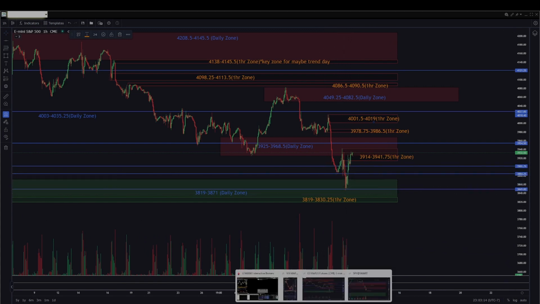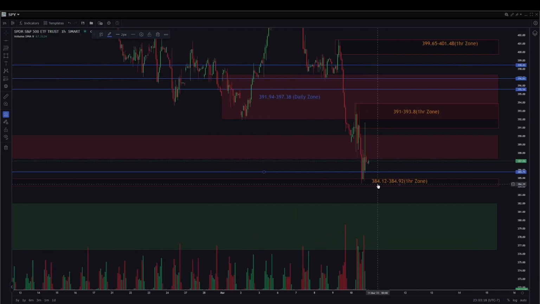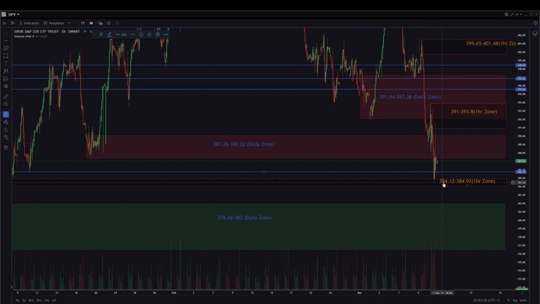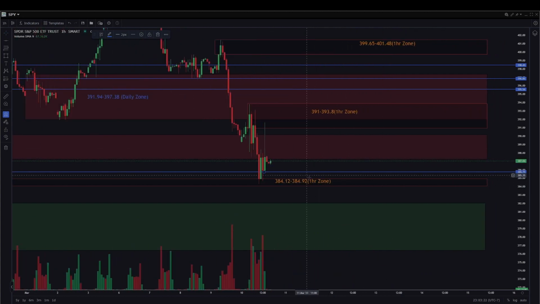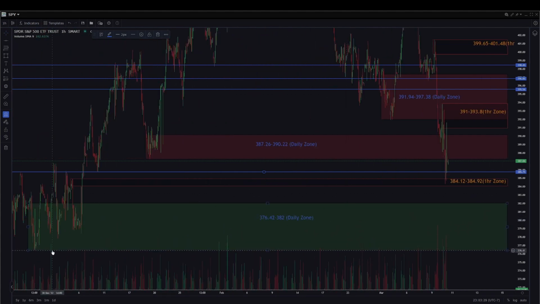More support than there is any clear levels. So I'm definitely going to just be watching ES when we come down to here. A break below here definitely could see us going down here. I could probably do a zone right now. Most recent price action.